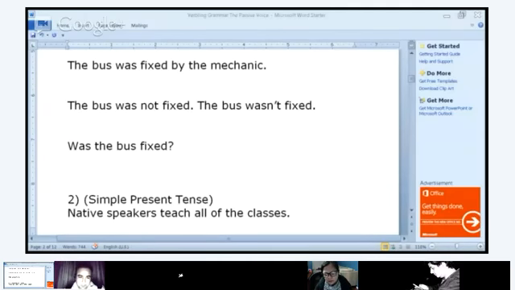And then, yeah, so all of the classes aren't taught by the native speakers. Now, personally, I wouldn't say that, although that might be correct, and it's just T-A-U-G-H-T. Native speakers, now native speakers is plural, so don't teach all of the classes, right?